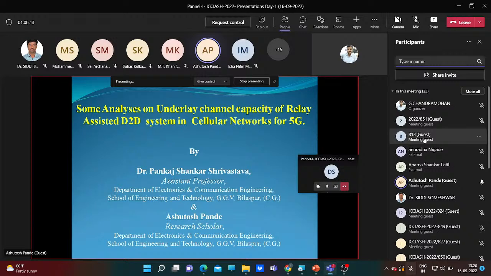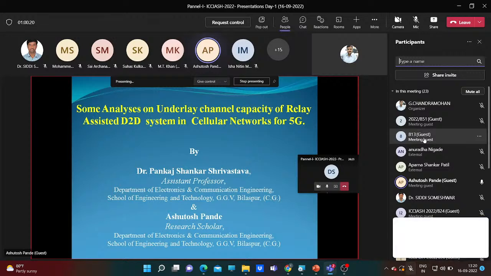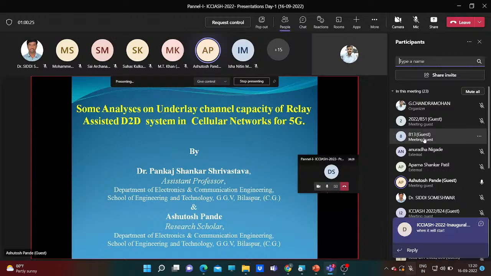This paper is being prepared jointly with my guide Dr. Pankaj Shankar Srivastava, Assistant Professor, Department of Electronics and Communication Engineering, School of Engineering and Technology, Guru Ghasidas Vishwavidyalaya, Central University, Bilaspur, Chhattisgarh.